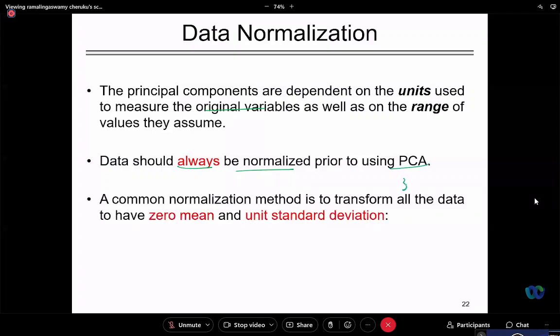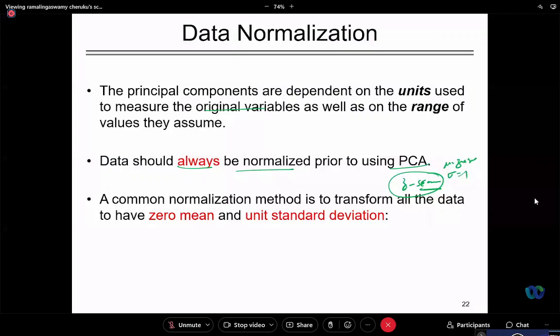In Z-score normalization, the mean will be 0 and the variance will be 1, so you get zero mean data and unit variance data. How can you get zero mean data? As we have seen, x minus x bar: when you subtract x bar from each and every sample, you will get zero mean data.